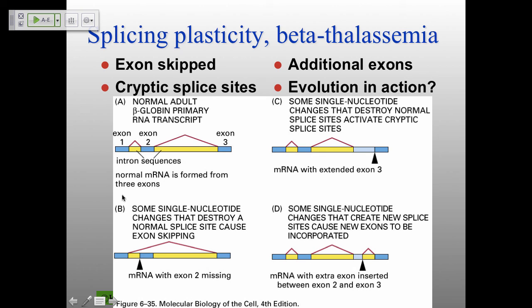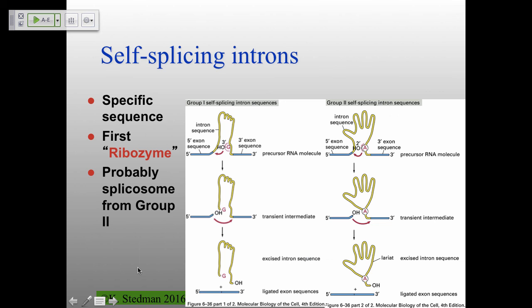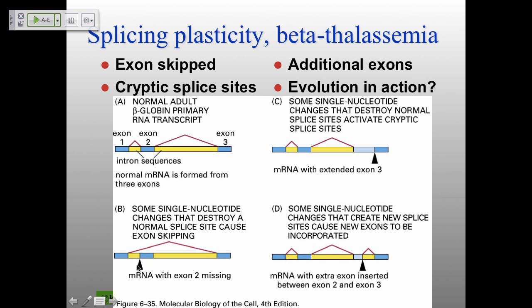If, however, you have a mutation that happens to be right at the beginning of one of these exons, this is known in a number of patients that have trouble with their beta globin, you'll have a single nucleotide change here. The single nucleotide change means that U2 is not going to bind there anymore because U2 is always interacting through base pair interactions. You have a change in the base pair here. Now you skip this exon completely.